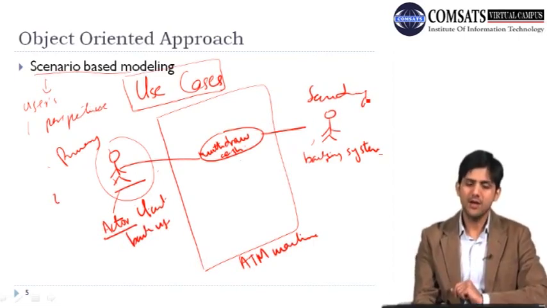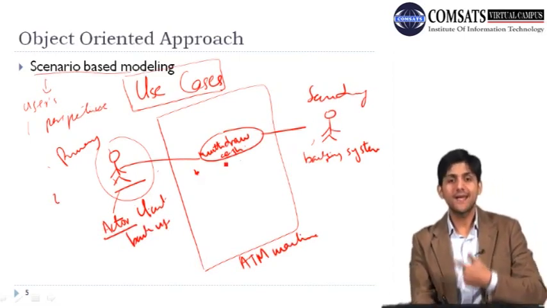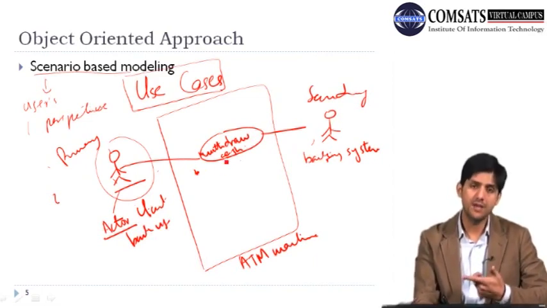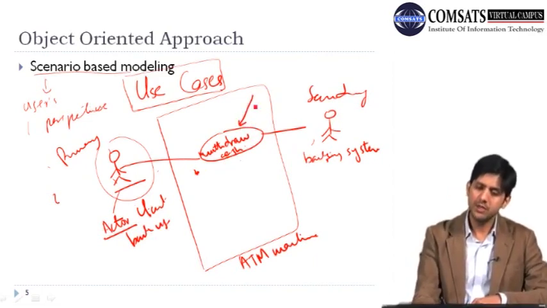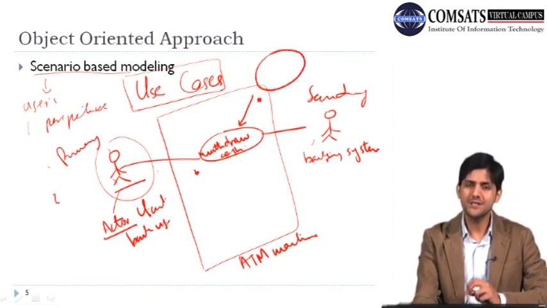Another thing that we identified here is that a user or a client cannot come to an ATM machine and straight away withdraw cash. He needs to do something first, and he needs to do multiple things first. And we talked about this, that there are a couple of other notations that we can use.